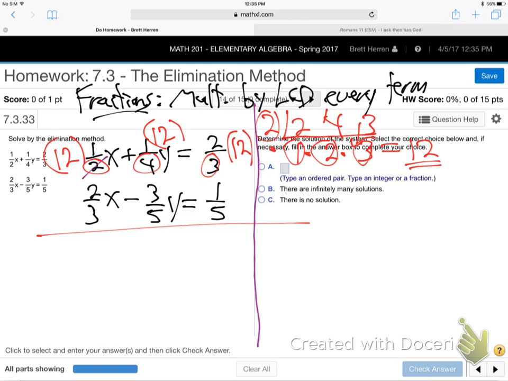So 2 goes into 12 6 times, 6x. This will get rid of all of our fractions, and we won't have any more fractions. 4 goes into 12 3 times, and it's 3y. Good so far? And 3 goes into 12 4 times, 2 times 4 is 8.